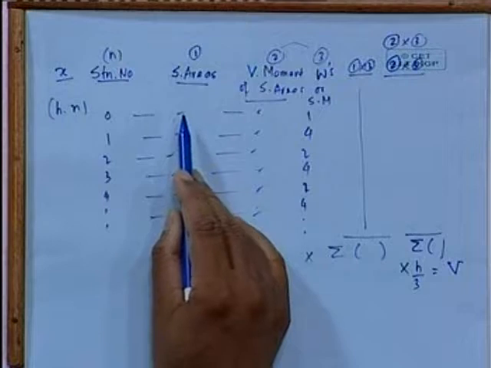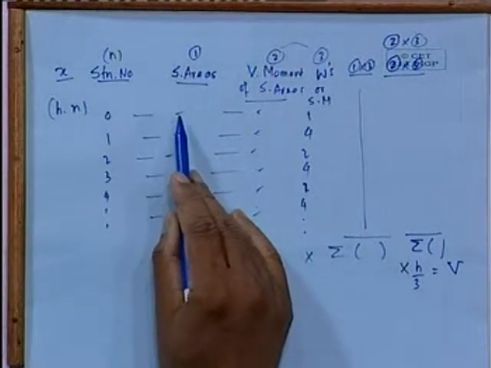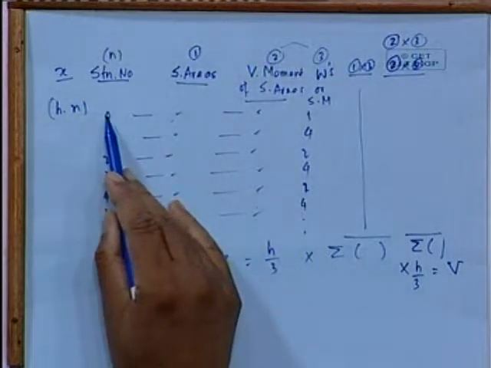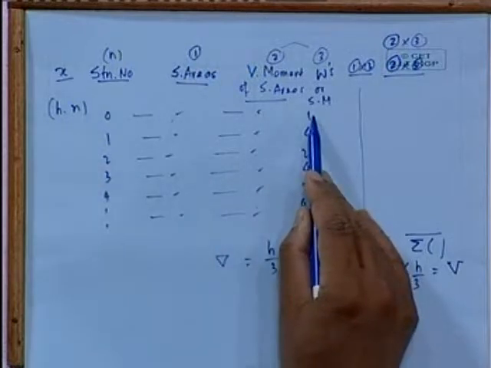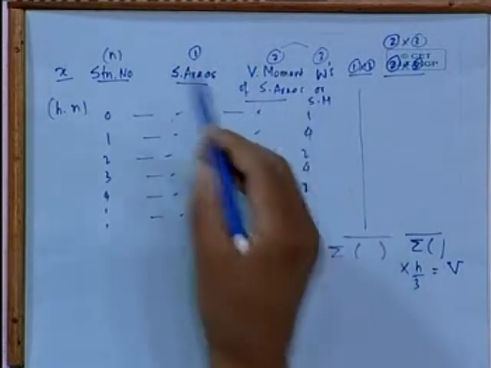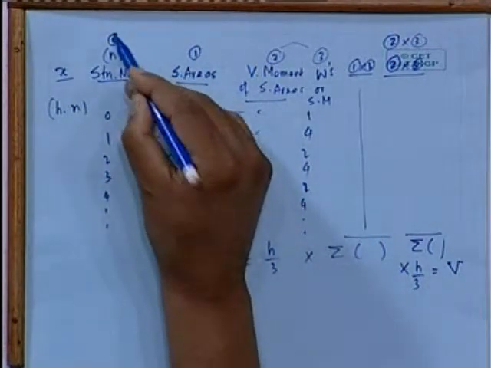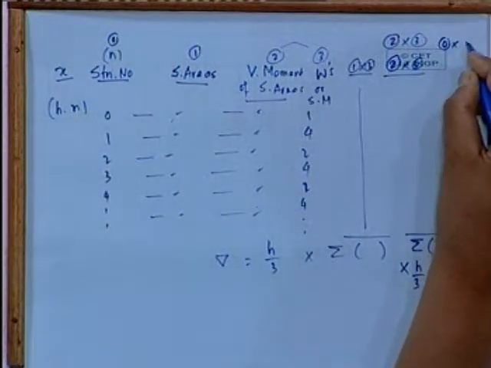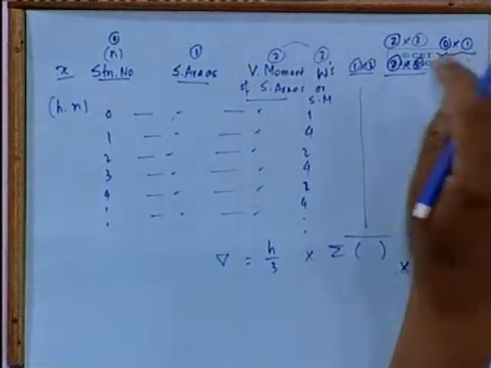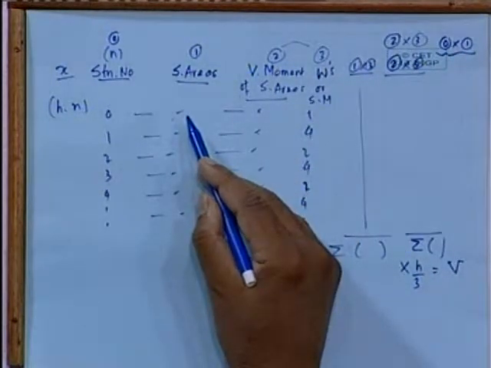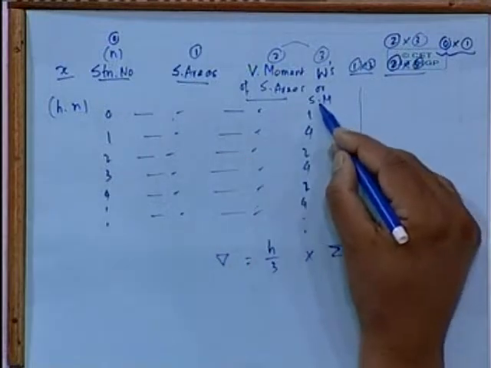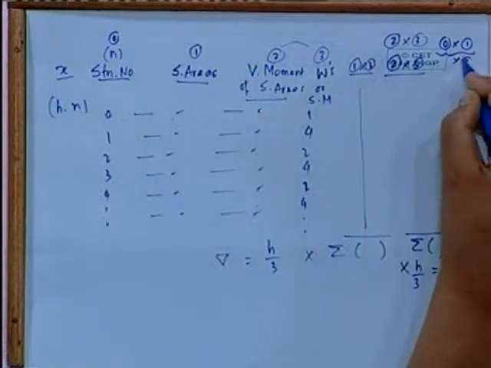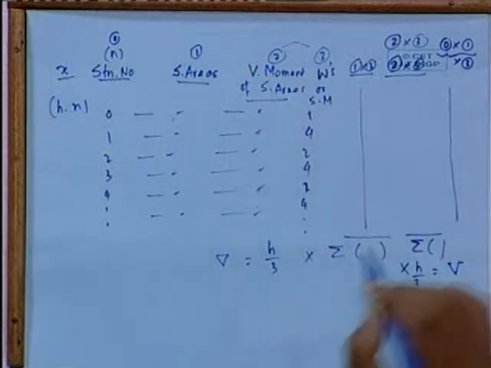So I will multiply section areas into station number multiplied by weights. Let me call this the 0th column. So here I must have 0 multiplied by 1. This is my x into SA, that part I showed in the last slide, multiplied by weight multiplied by 3. I fill it up here.